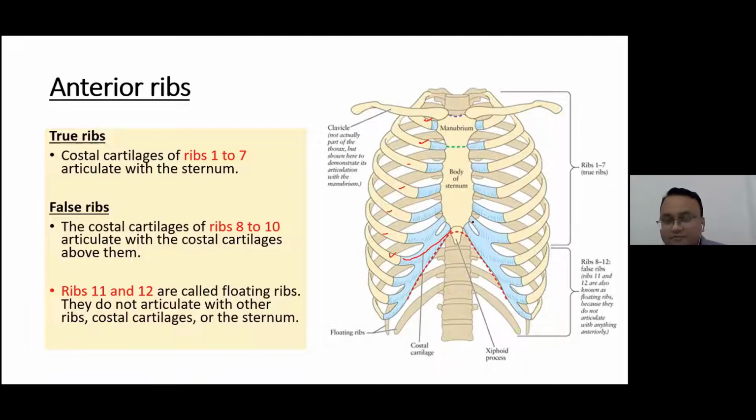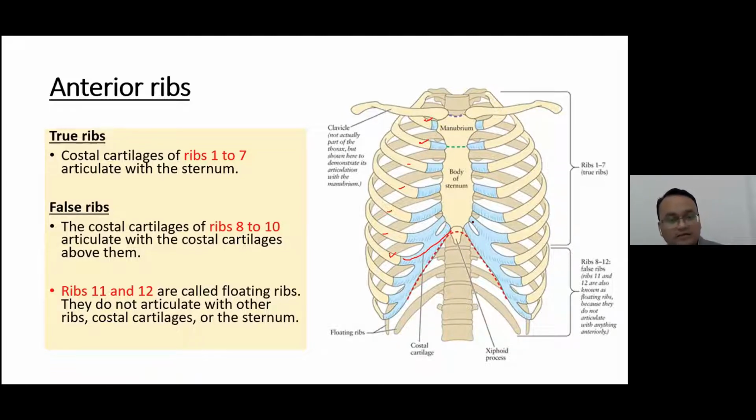All right, so the upper ribs are considered the true ribs, whereas the remaining ribs, 8, 9, 10, 11, 12, are considered false ribs, simply because these ribs don't make direct articulation with the sternum itself, right?